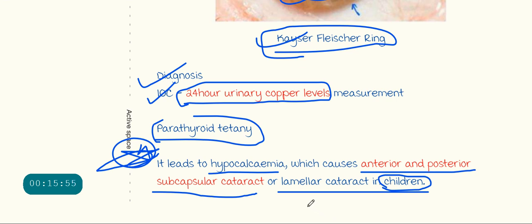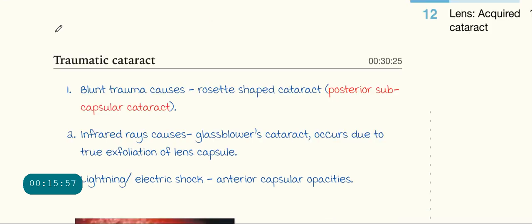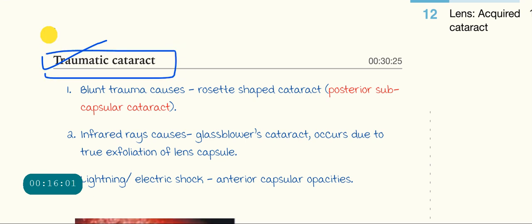Another type of cataract, the second one, comes the traumatic cataract. Now the name itself tells us that there would be a blunt trauma, or it could be by infrared radiation or lightning or electric shock, which can lead to a traumatic injury in the eye, which finally leads to cataract.